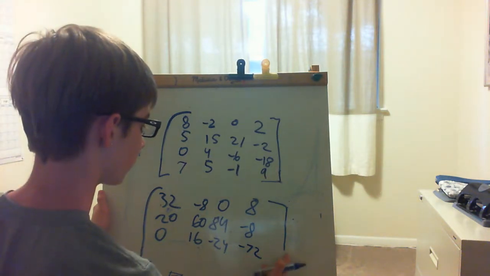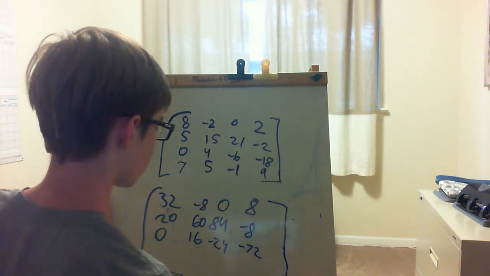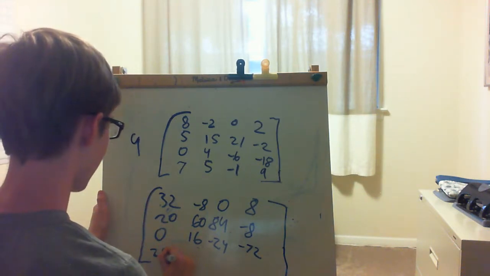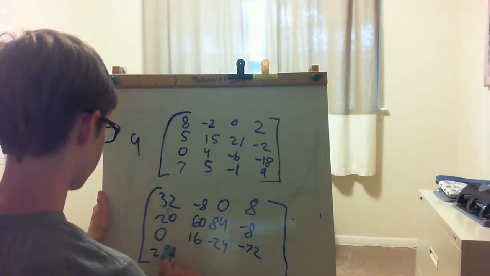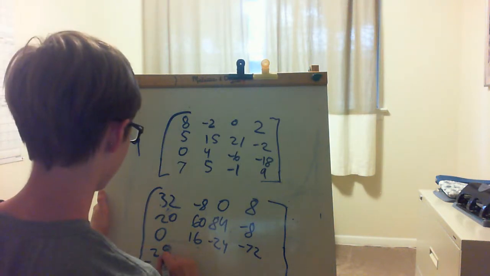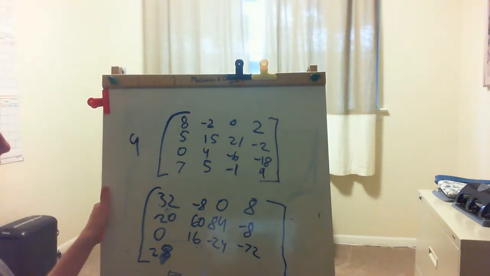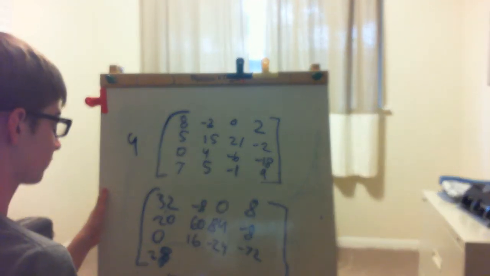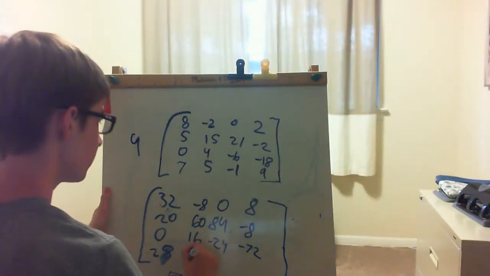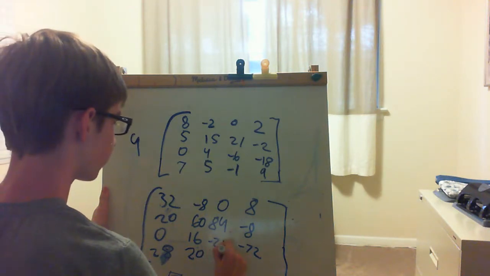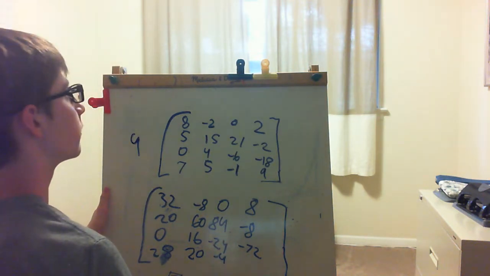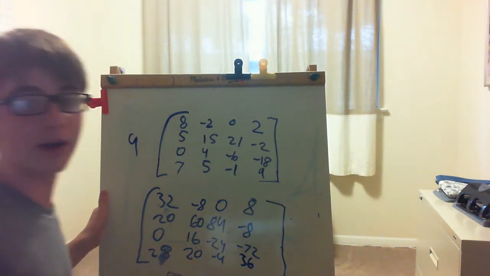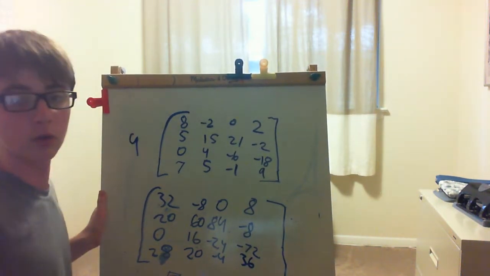Let me make this a little bit longer here. 28. It's bad. I'm so bad at drawing 8s on these whiteboards. Something about 8s on this whiteboard. 20, negative 4, 36. Okay, so that should be your answer.